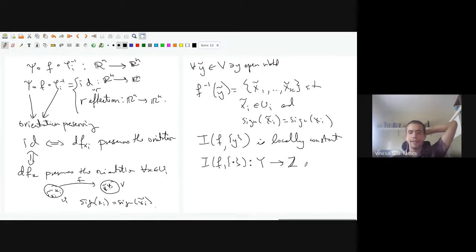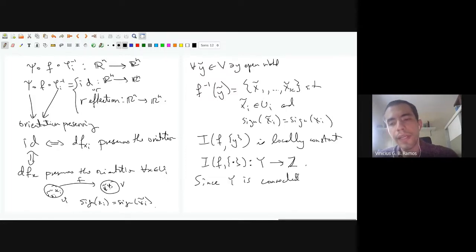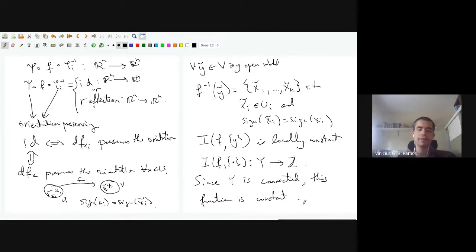Since y is connected, this function has to be constant. So that's the end. This is the proof that the degree is well defined. Are there any questions about this?